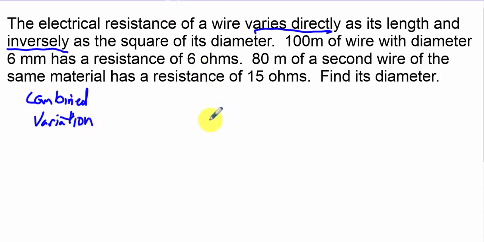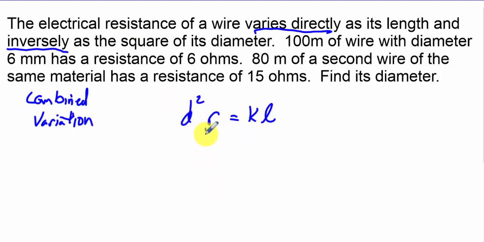So if I want the resistance R to vary directly with the length, there is my direct variation. To get the second relationship, an inverse relationship with the square of the diameter, it's got to be inversely related with the resistance at the same time. So inverse would be a multiple with the resistance of the square of the diameter.